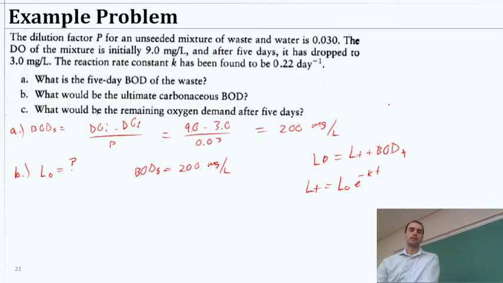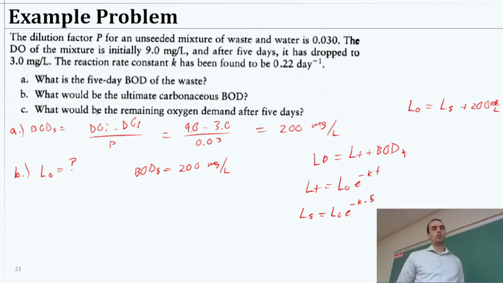at some time. So we could say, for example, since we know this one's 200, we can say L naught equals L at 5 plus 200. Okay, so we know that much. And we could put this LT as L5 and say L5 is equal to L naught, because that's not going to change, times e to the minus k times 5, right?